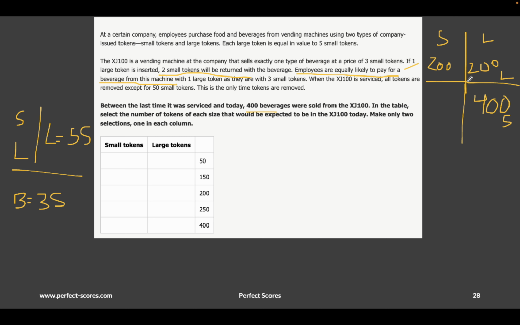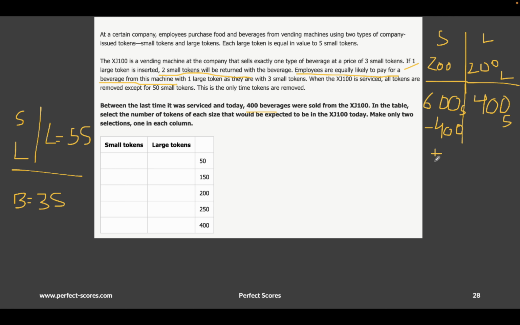If you want to purchase 200 drinks using small tokens, you will use up 600 small tokens, and out of these 600, 400 will be given back, because those were returned when 200 large tokens were inserted.